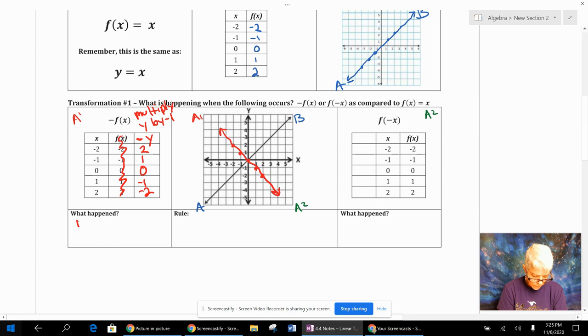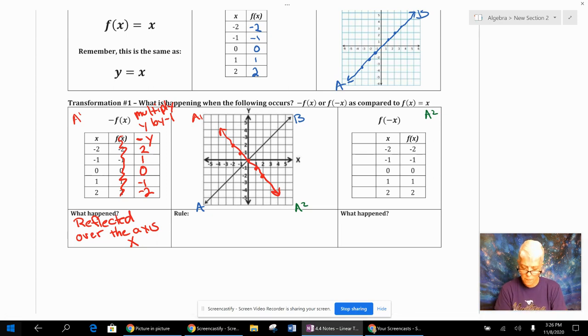The function reflected over the x-axis. So when I put that negative in front of the y, it flips that line over the x-axis.